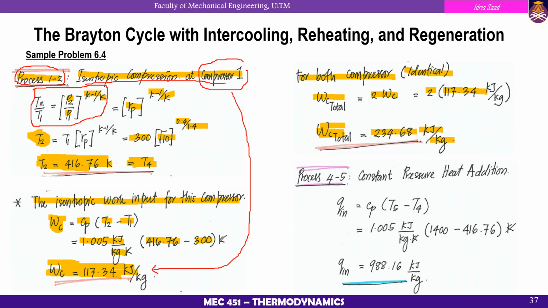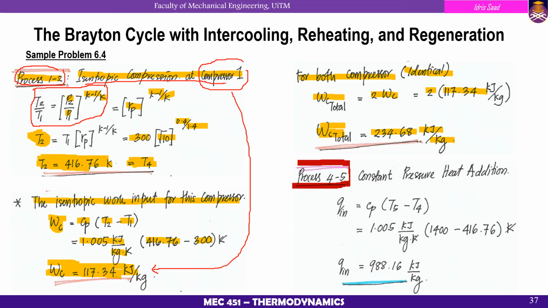This is how we calculate. If we have 10 compressors, 20 compressors, or even 100 compressors, you do not need to worry, because you only need to calculate one, then multiply by however many compressors you have.